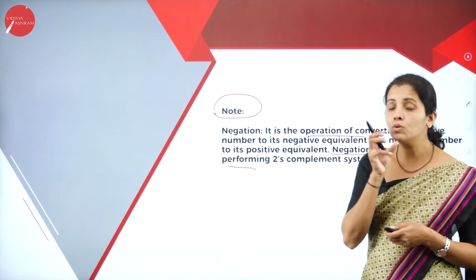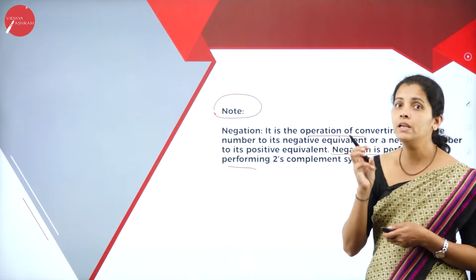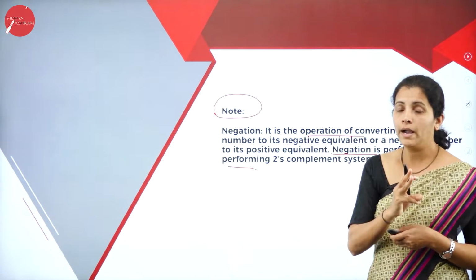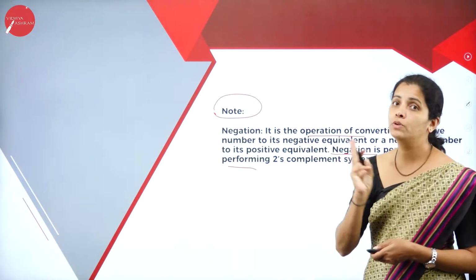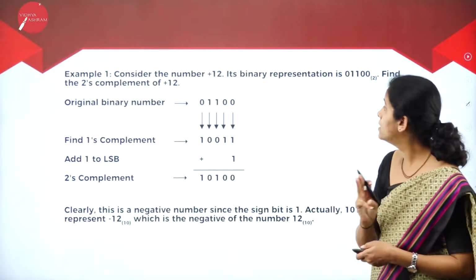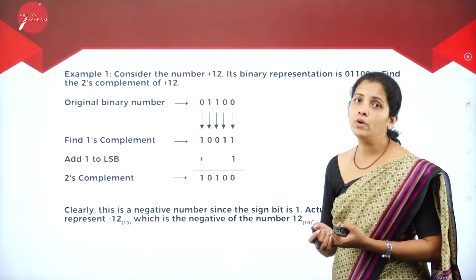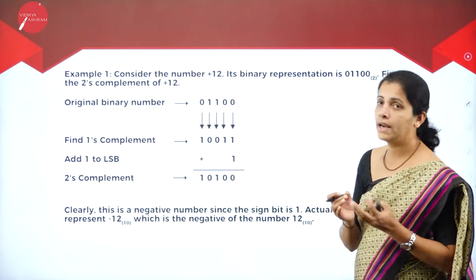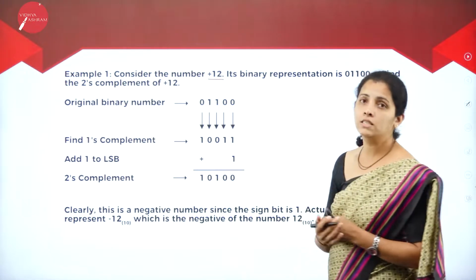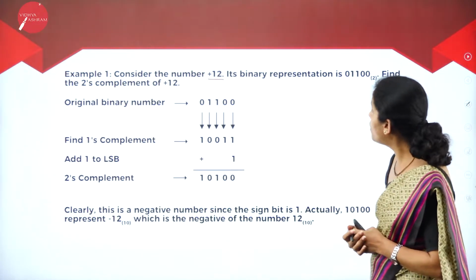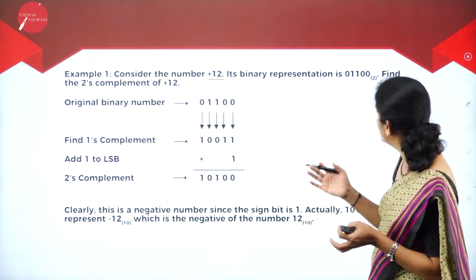Here the twos complement method is mainly used to convert a binary positive number to negative and a negative number to positive. At the beginning, I am going to take an example. Let me consider plus 12, that is the positive number 12.